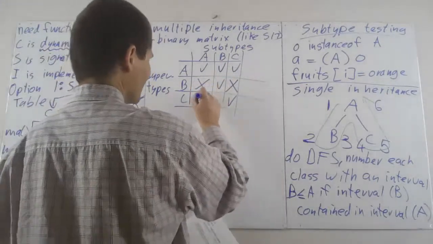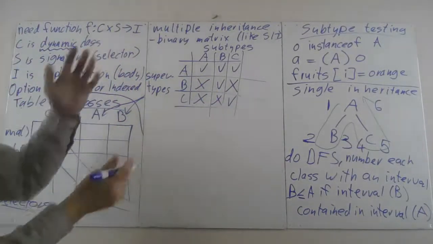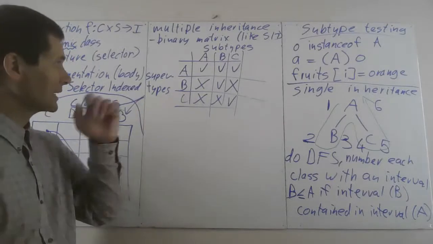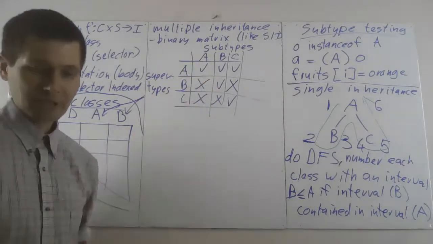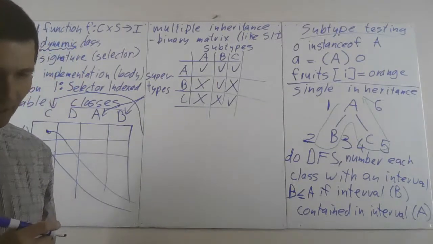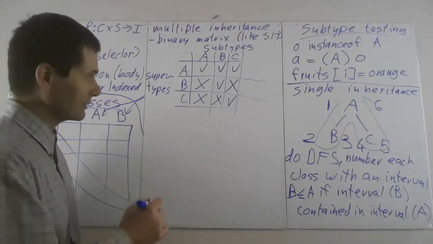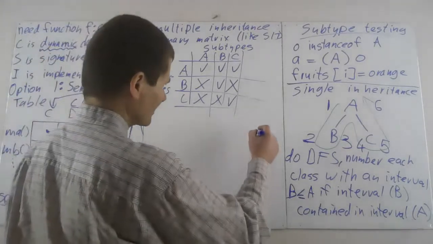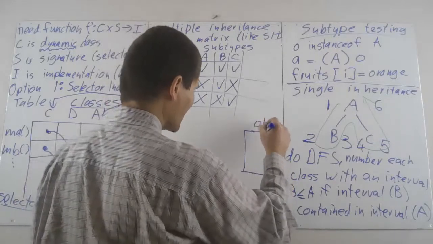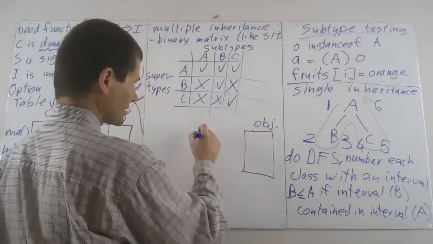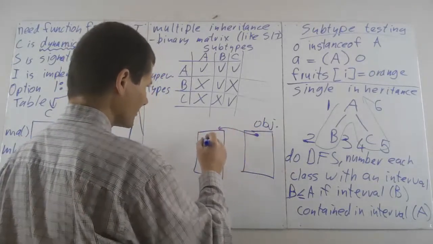These are not subtypes of each other. Okay, so you can create a binary table like this at compile time, and put it in your generated code, and then inside my object layout, right? So remember before I had the object layout, and it had a pointer to the class information.